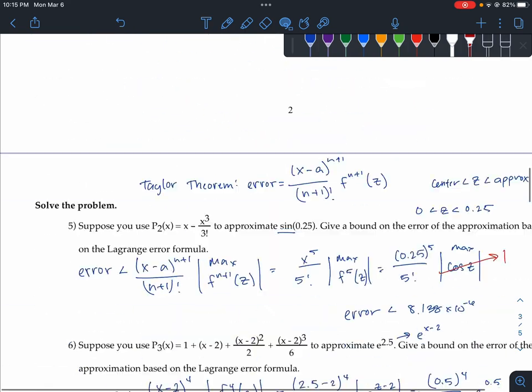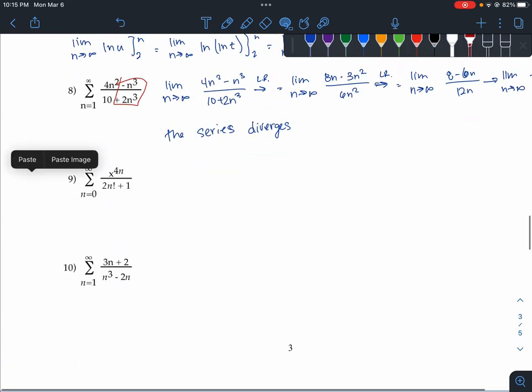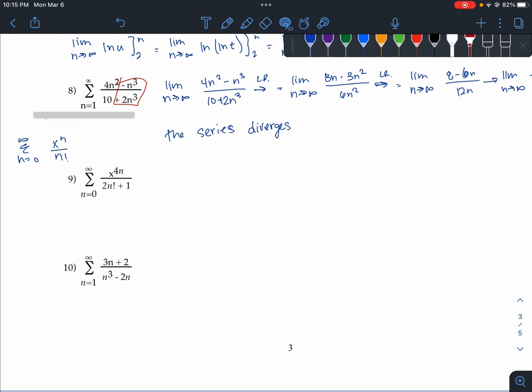So if I paste this here, I have this right here. Now this could look very similar to this if I have e to the x to the 4th. So that would be equal to the series as n equals 0 of x to the 4n divided by n factorial.